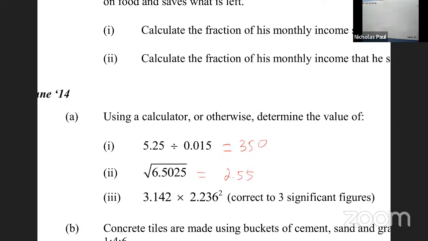And the last one to three significant figures is 15.7. Nice. Any trouble? Everybody okay there? Any questions online? No, sir.